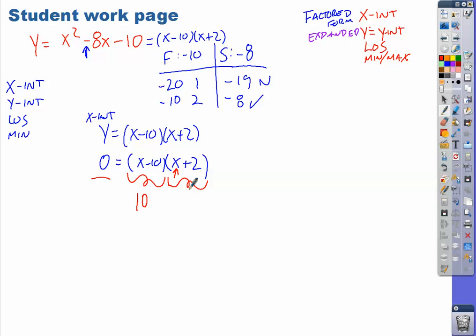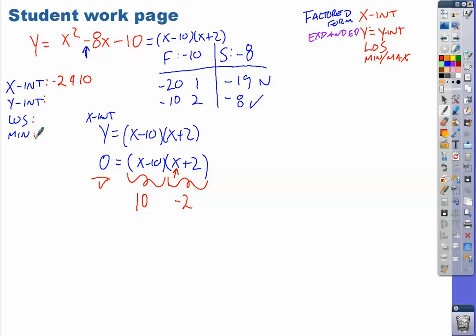Well, something plus 2 is 0. So negative 2 plus 2 is 0. And then negative 2 minus 10 is negative 12. Negative 12 times 0 is 0. So my x-intercepts are negative 2 and 10.